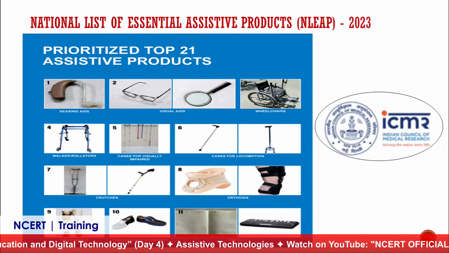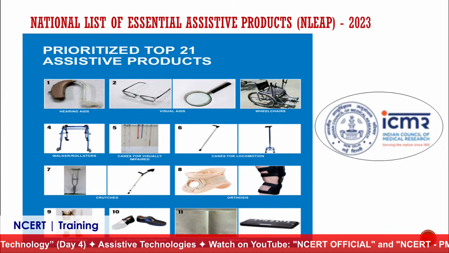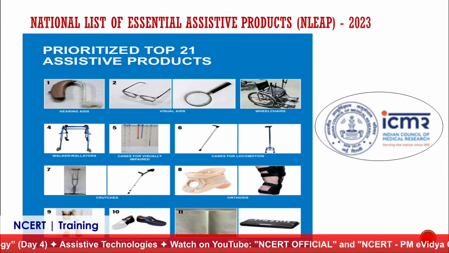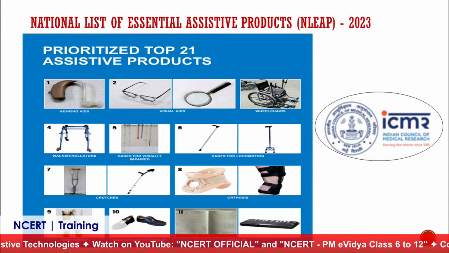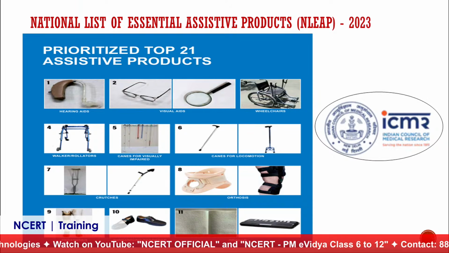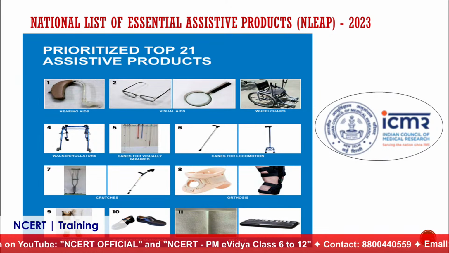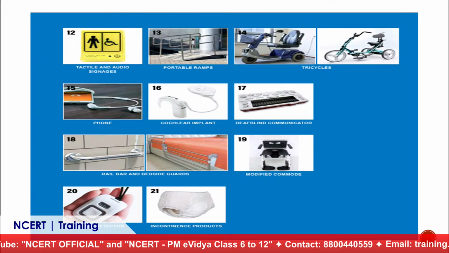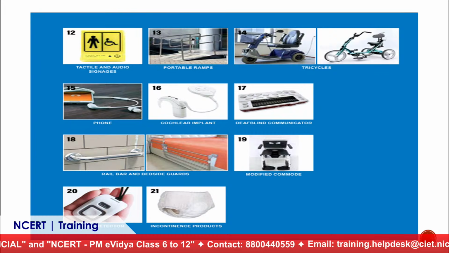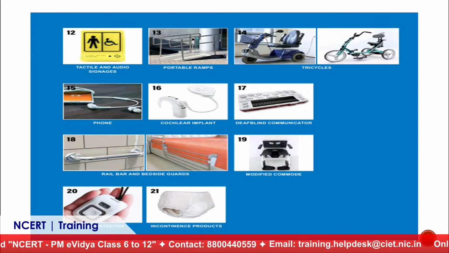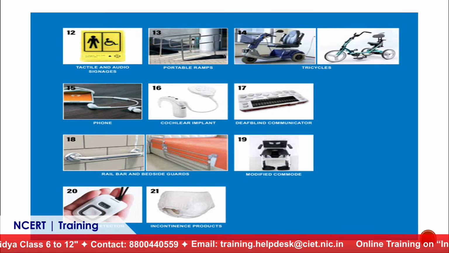Over and above this, if people want to use certain other technologies and devices, yes, they can use them. So of these 21, most of the things you will see are a hand crutch or a wheelchair or a neck support or a prosthesis, adapted shoes, the braille, short braille note taker, then motorized wheelchairs, the hearing aids, the ramps, for the elderly also the incontinence products and all, the bed railings.